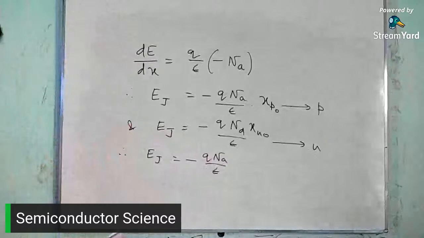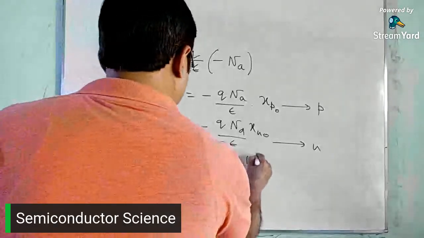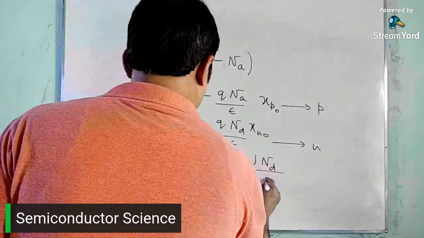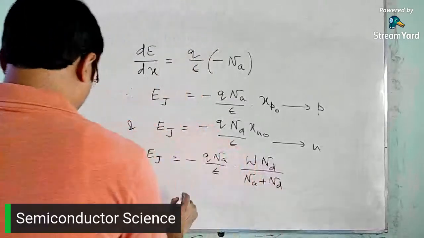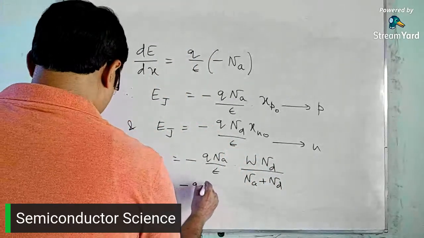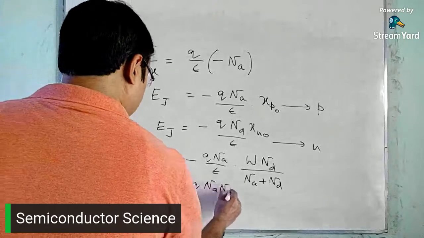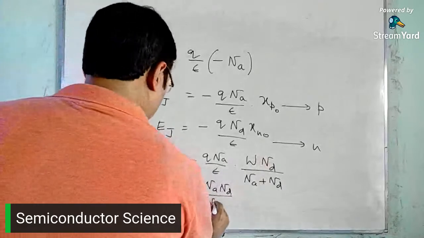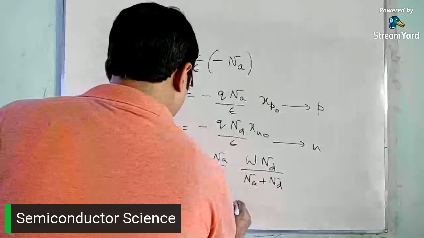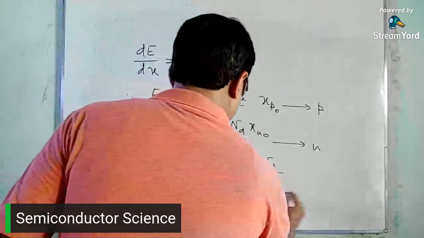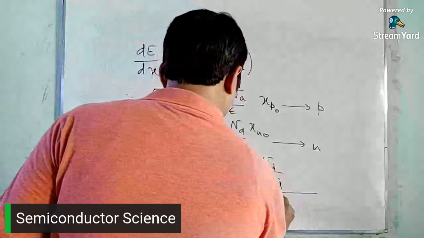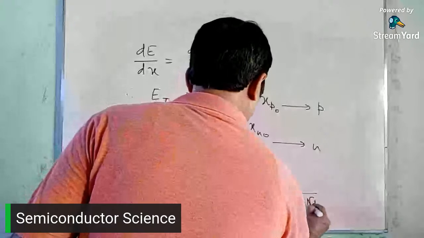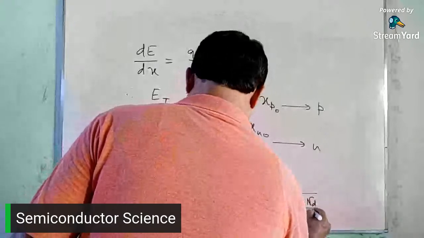So putting the value of xp0, it will be W into Nd divided by Na plus Nd, or it will be minus Q Na Nd. Now I am going to put the value of W, epsilon into Na plus Nd, and putting the value of W, that is twice epsilon V0 by Q, Na plus Nd whole divided by Na Nd.